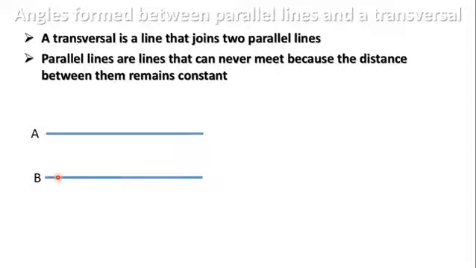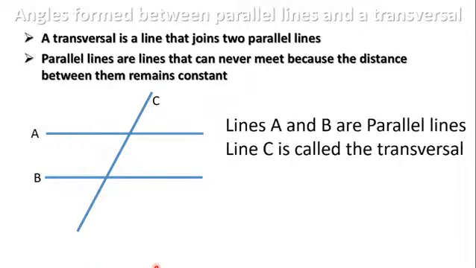And if you continue to drag them on and on, they will maintain the same distance between them, and that makes them parallel lines. And then I'm going to have a transversal, which will be a line that joins both together. I'll call it C. Lines A and B are parallel lines, and line C is a transversal.